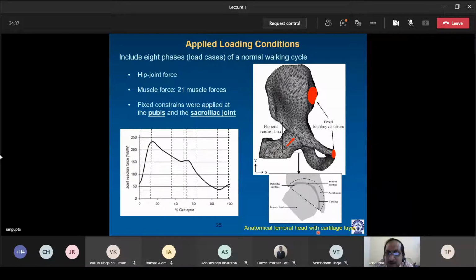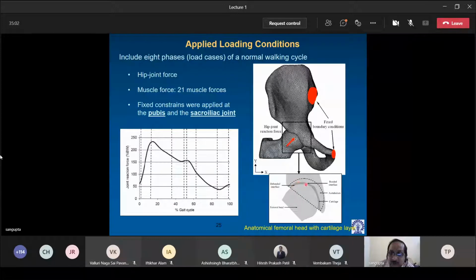So we have the pelvic bone and we have the femur bone here. And we also try to model very intricately the cartilage layer in between. Okay, we don't directly apply a concentrated load on the acetabular surface. We apply it at the center of the femoral head.